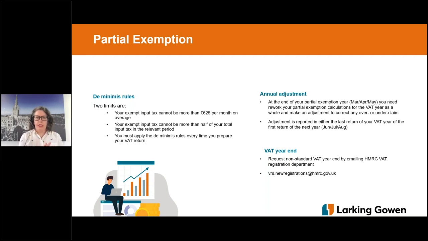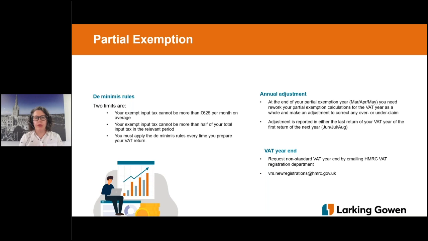So every quarter, when you do your VAT return, you'll do your partial exemption calculations, and then you need to undertake what's called your annual adjustment. That comes at the end of your partial exemption year, or your VAT year, which will by default be March, April or May, depending on what return stagger you're on.